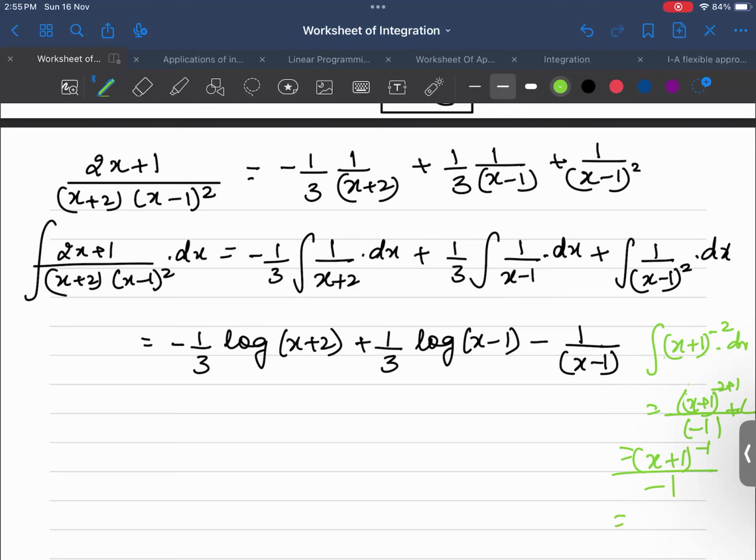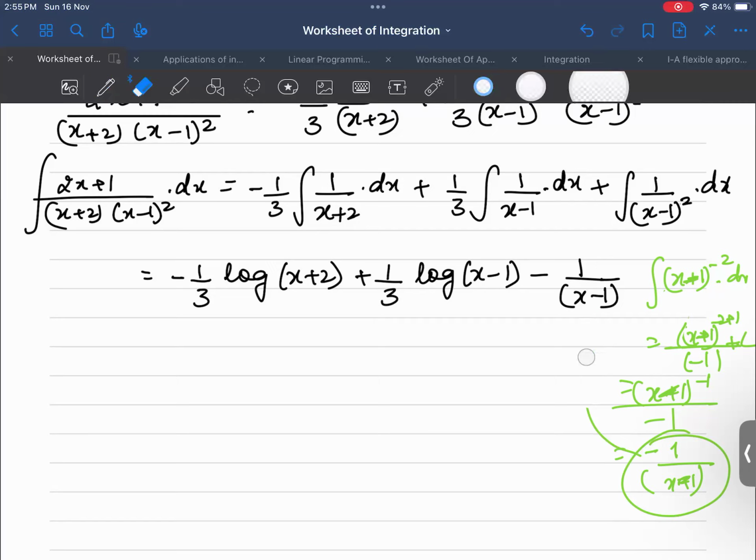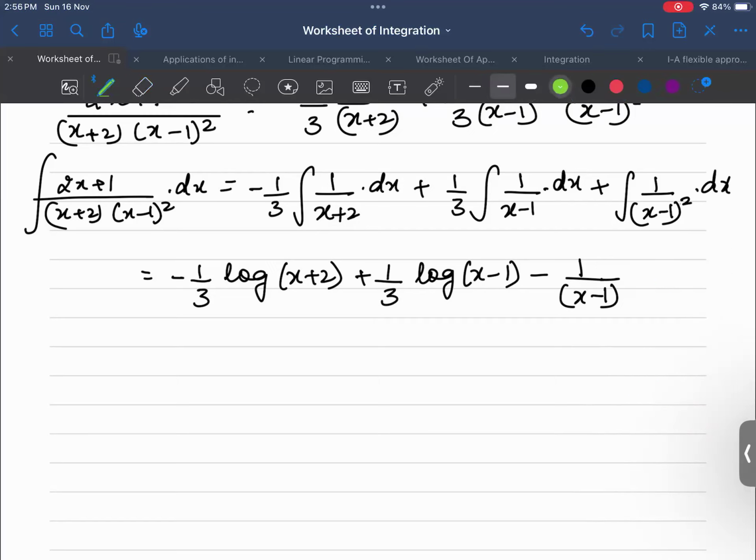Right? We can write it as minus 1 upon x minus 1. I think it was x minus, so we will keep it minus. And we have integrated in this way. I think it's clear. Now, let's proceed. It's x minus 1, and then we can write plus c.